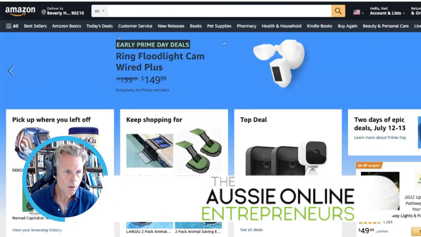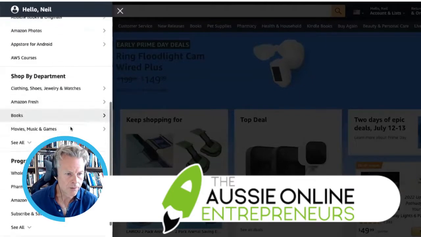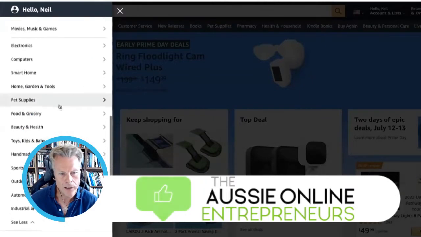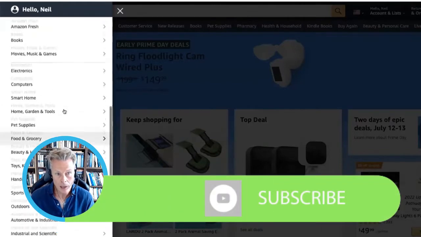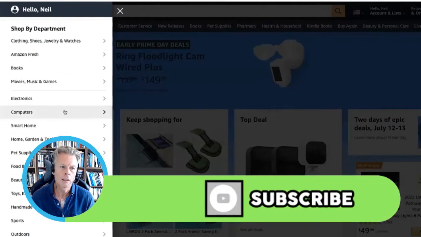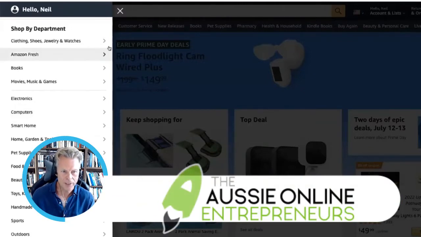On Amazon, we have all these different categories of things going on, okay? These are all our top level categories, and search engines like Amazon are all laid out pretty much the same kind of way. And this particular thing here is called a taxonomy, okay?